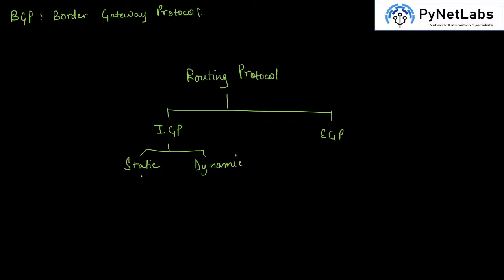Static is simply putting static routes and using default routing. When it comes to dynamic, we get to see RIP, EIGRP, then OSPF, and you might include IS-IS. Then EGP basically includes BGP, your Border Gateway Protocol.